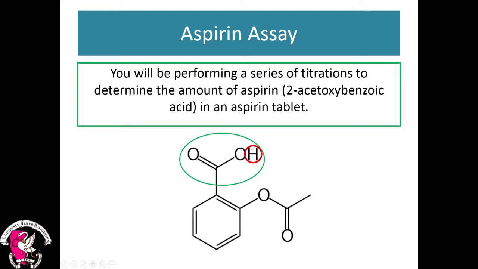So aspirin can act as an acid because of this carboxylic acid group. We're going to react that carboxylic acid group with an alkali to form a salt, and that's our titration reaction. When we do some calculations, that should tell us how much aspirin there was. Then we can compare the mass of aspirin in the tablet against the mass of the actual tablet itself to see the percentage of aspirin in there.